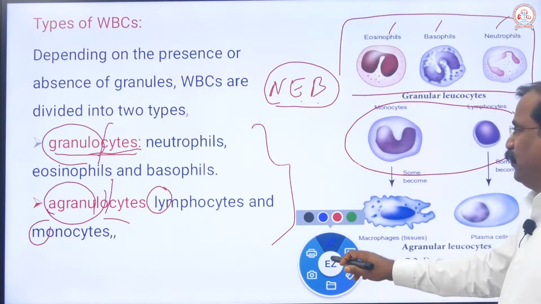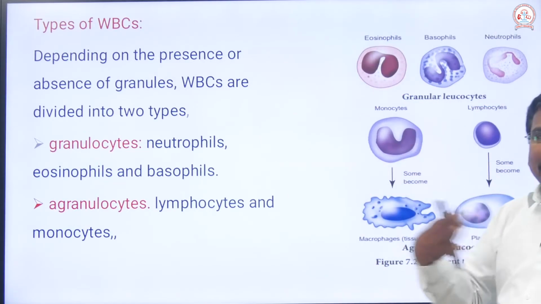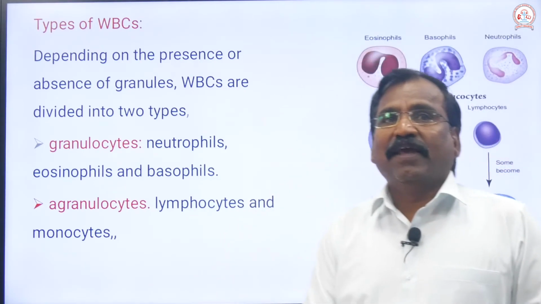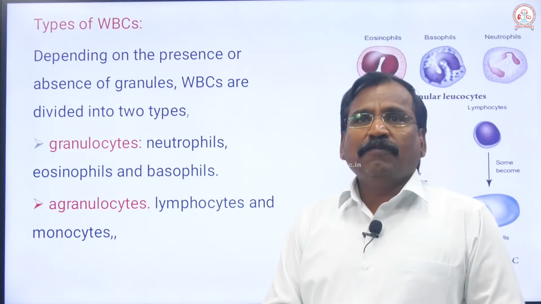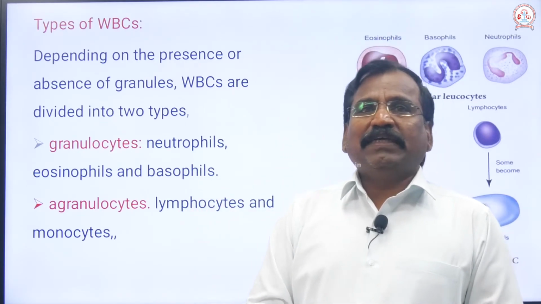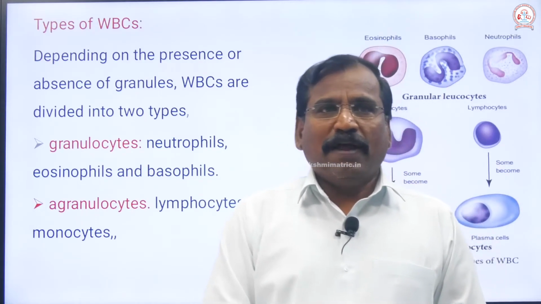The types of WBC are granulocytes and agranulocytes. These are the two types of WBC, divided based on the presence or absence of cytoplasmic granules.